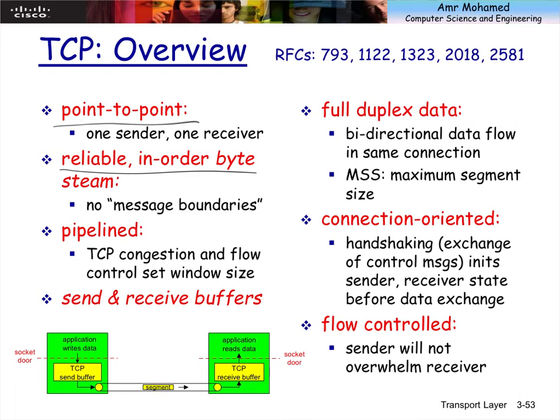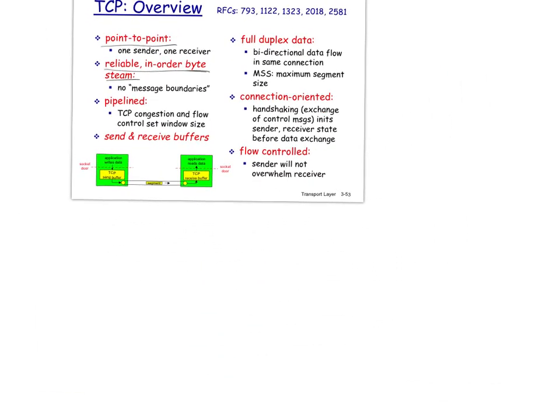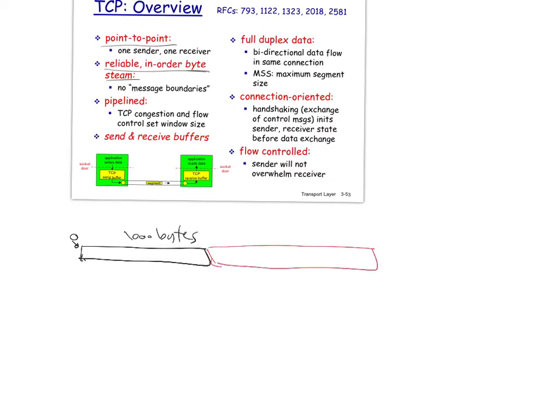Now here is a difference: we say byte stream. What does byte stream mean? It means the sequence number is the sequence of the first byte in the segment. For example, one segment here, let's say it starts from 0, but it has a length of 1000 bytes, and then the segment after this.